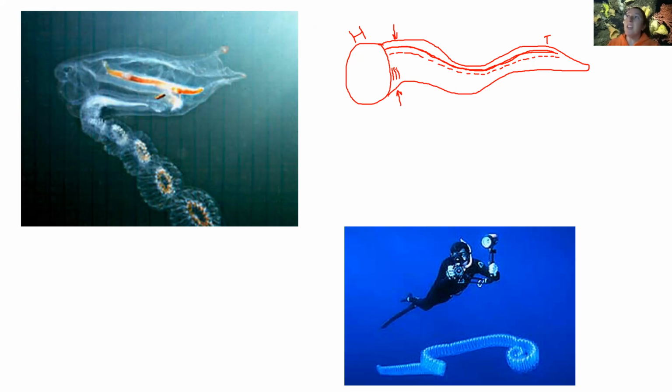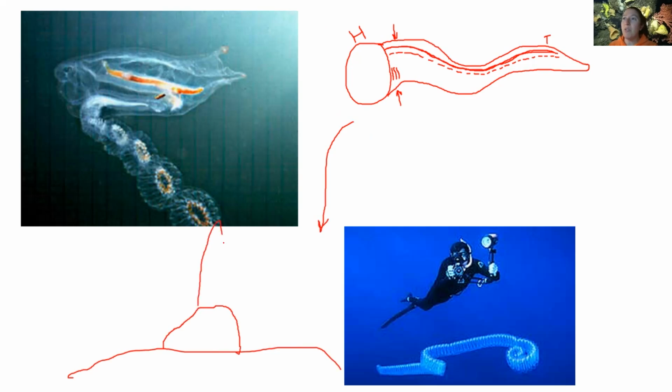Once the larva swims along, it'll settle down and find a rock somewhere that it's going to grow onto. When it settles, it glues its head to the rock, and the tail with its notochord and its dorsal nerve cord melts away.